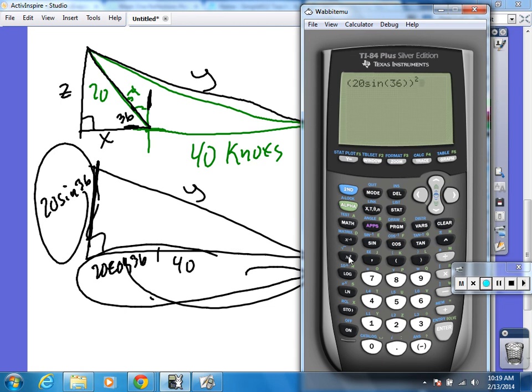Because that's that side, correct? Plus the following side. What's this side right here? 40 plus 20 cosine 36, right? Square that.